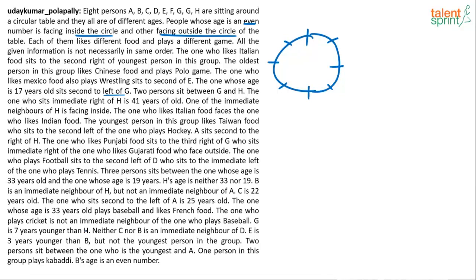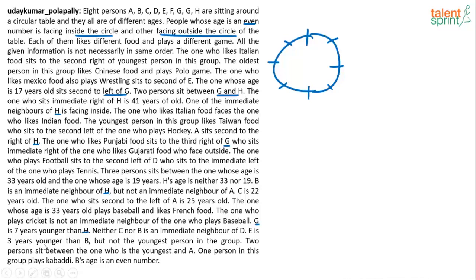G is 7 years younger. The one observation is there's a lot of mention of G here. G has been used maybe 4 or 5 times, right? G and H, then H here, G here, H here again, then G here, H here.